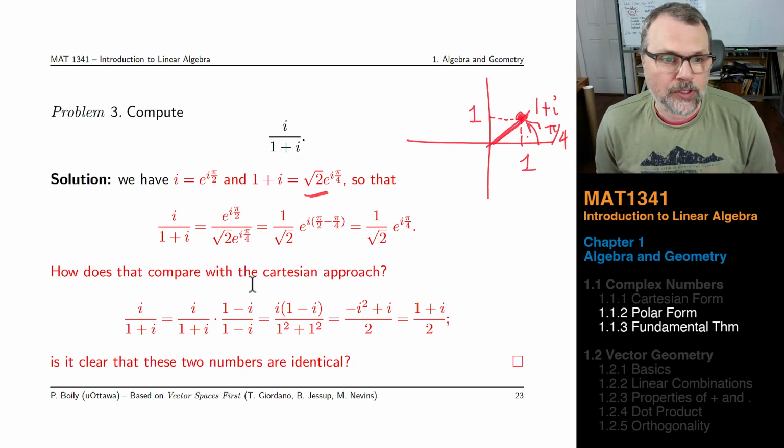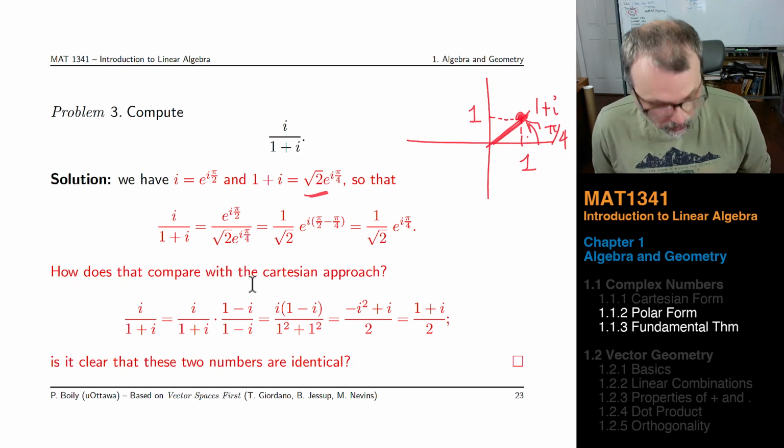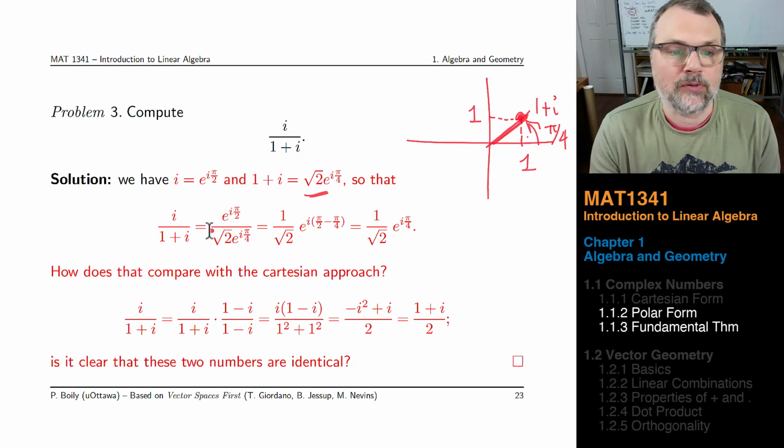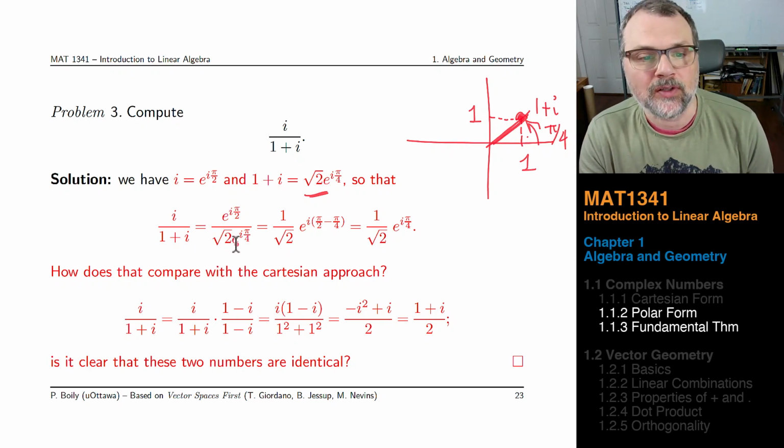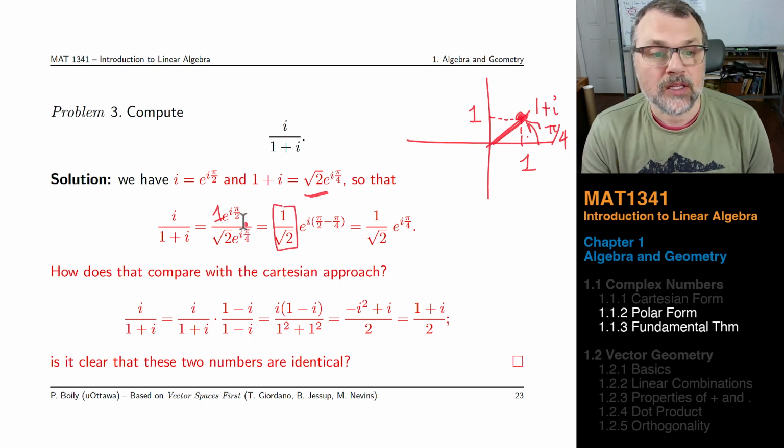And when we do the quotient, well, if I put them in polar form, I have e to the i pi over 2 divided by square root of 2, e to the i pi over 4. I take the moduli. This is really 1 divided by square root of 2, right here. And then I subtract the angle in the denominator from the angle in the numerator.